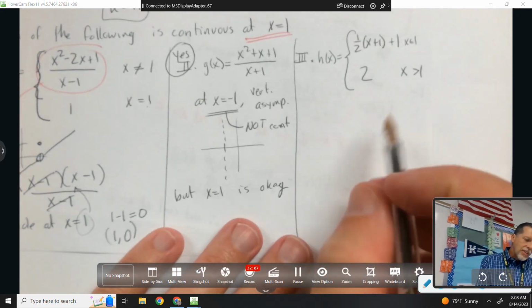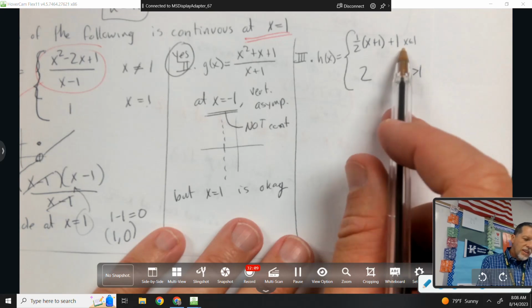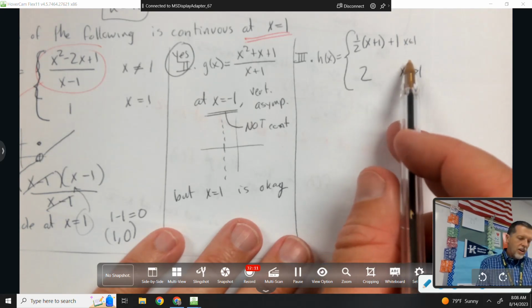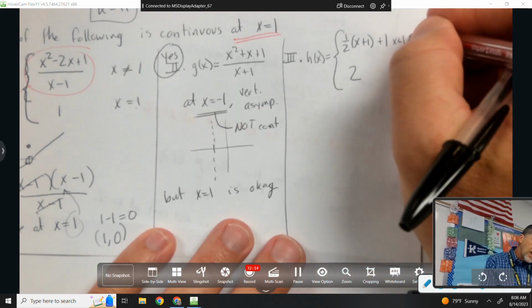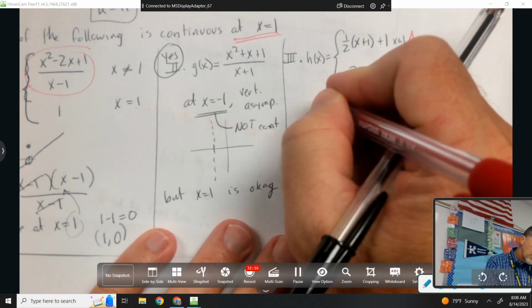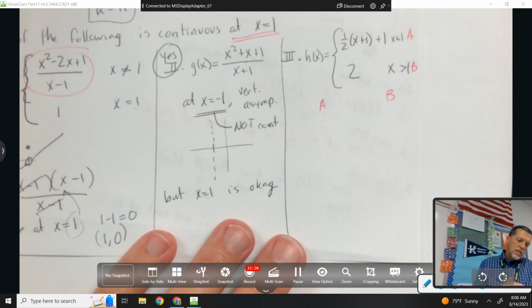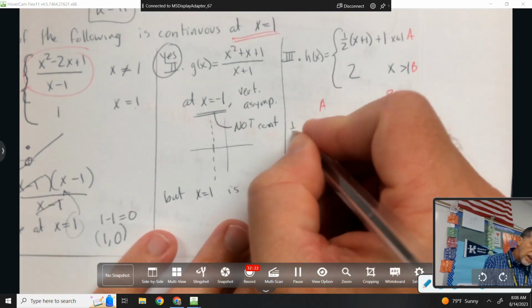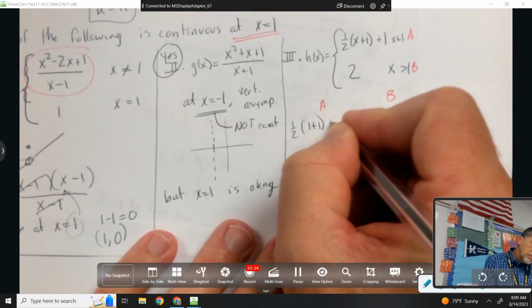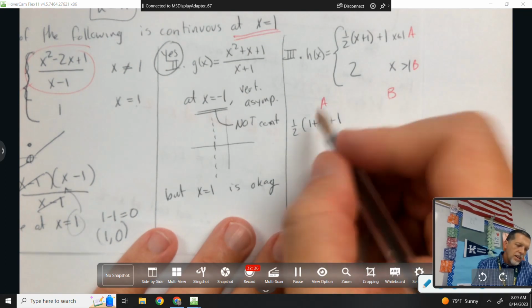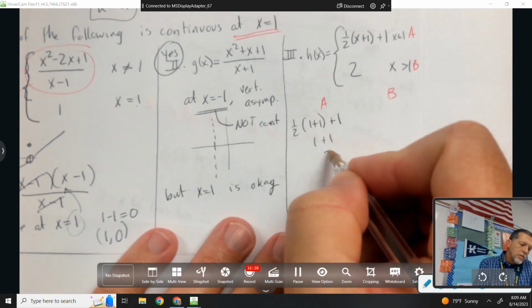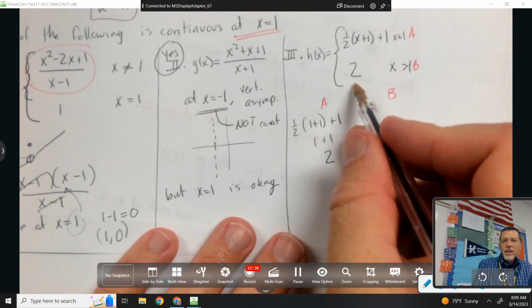And then lastly, another piecewise. So we're checking the jump thing here. We need to plug it into part A and part B and see if they match. So 1/2, 1 plus 1 plus 1. Let's see, half of 2 is 1, 1 plus 1 is 2. For part B, there's nowhere to plug it in.